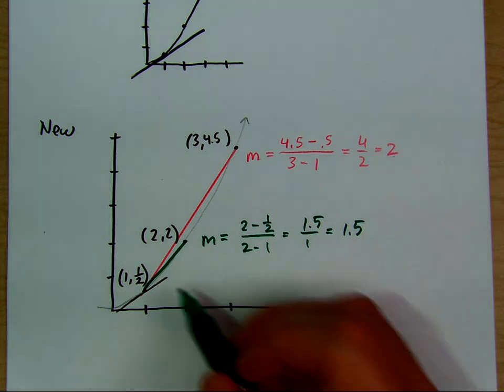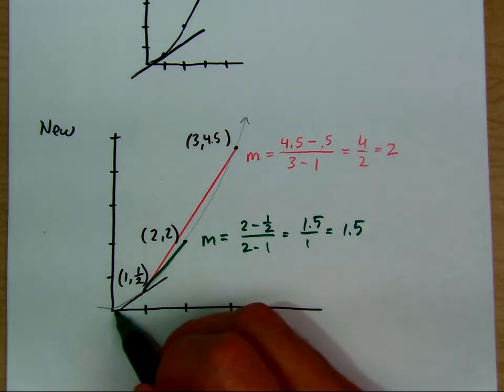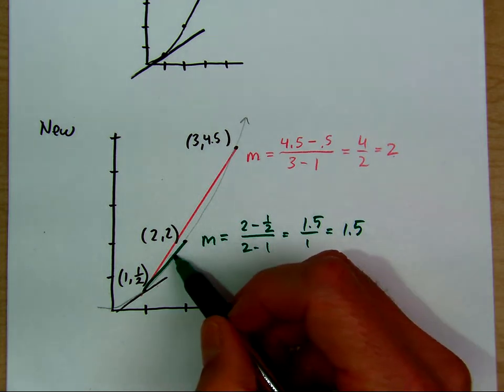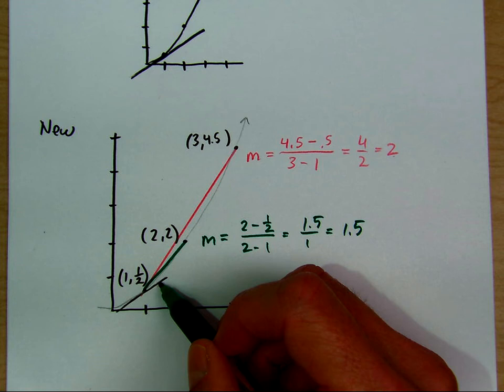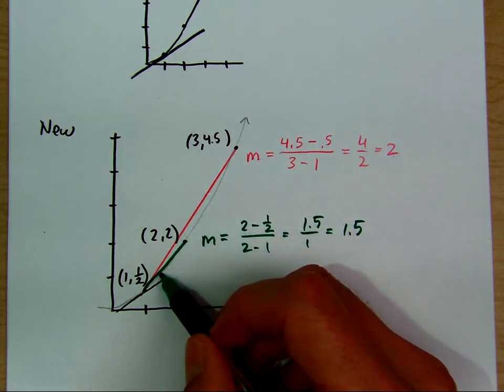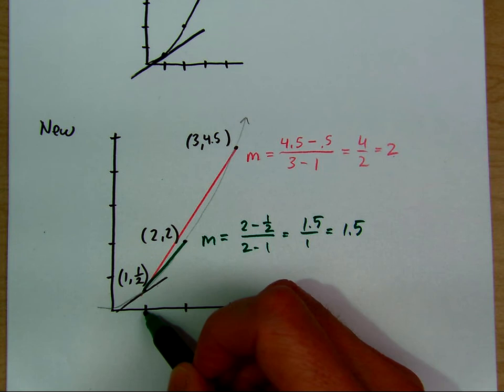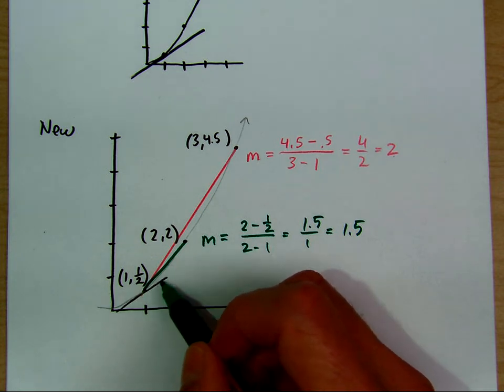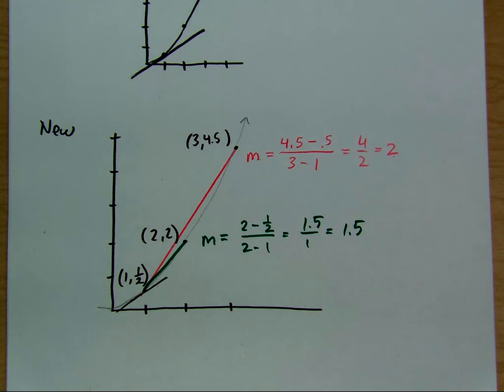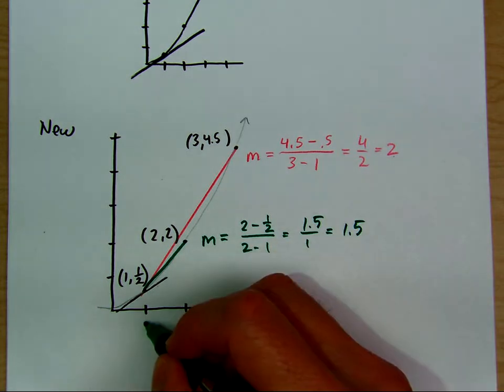And now we can say, well, the slope of the tangent line is close to 1.5. And we can see that the green line is closer to the slope of the black line than the red line. So as we move these points down the graph, we're moving these x values in, we're getting closer to the slope of the tangent line. So we could even go closer.